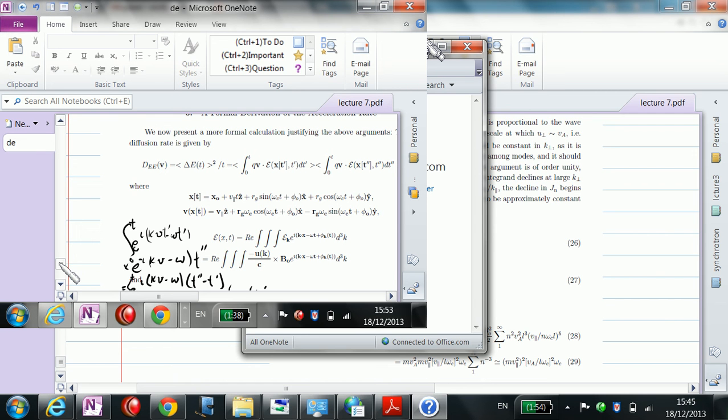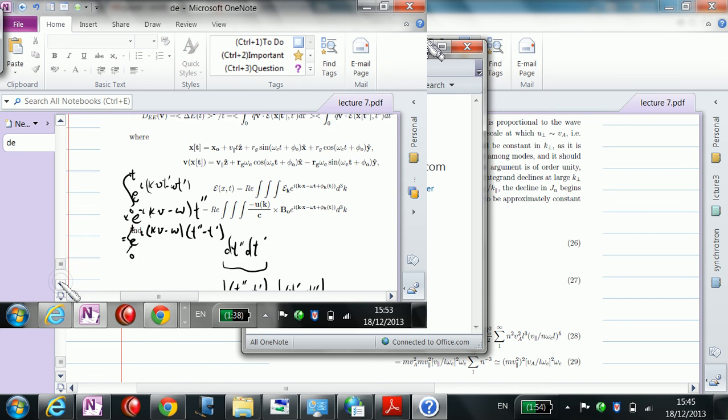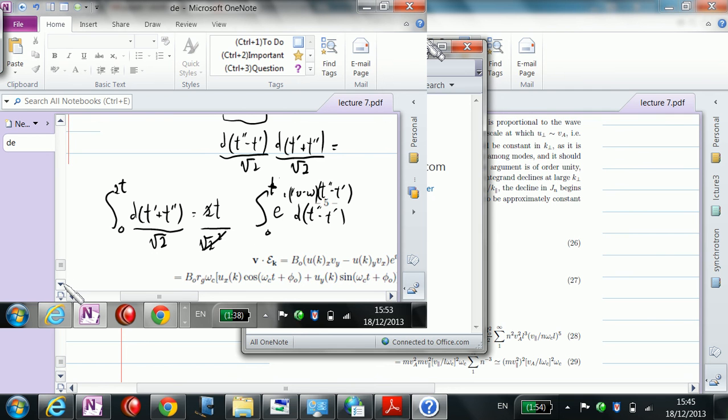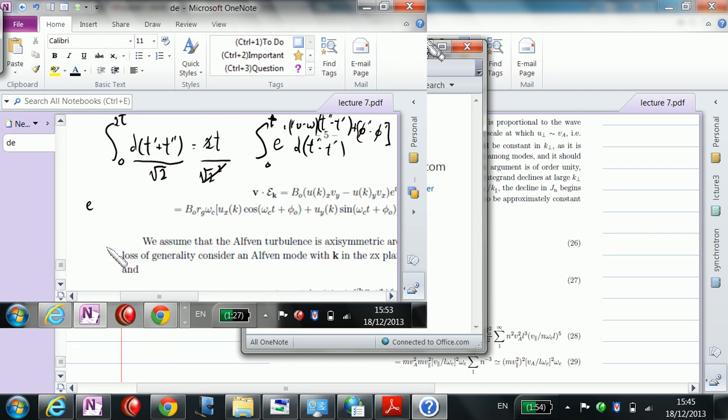At some point, the ensemble average makes it random, and therefore I assume that this integrand, even though I didn't write the random phases, I should have written two random phases, which are also functions of t, and that the ensemble average of e to the i t double prime minus it has a short lifespan.